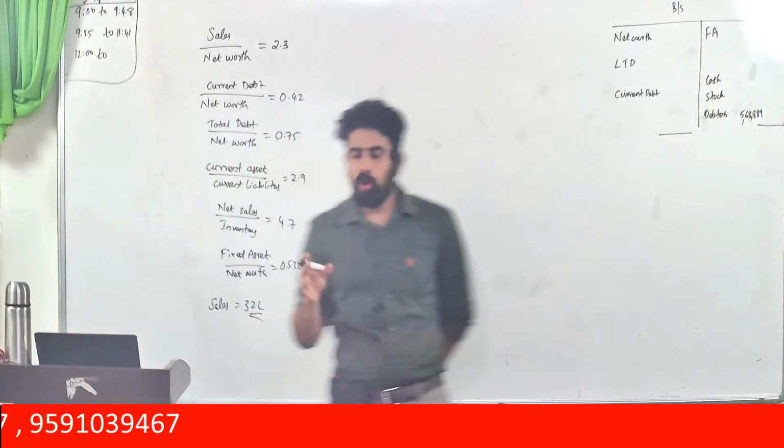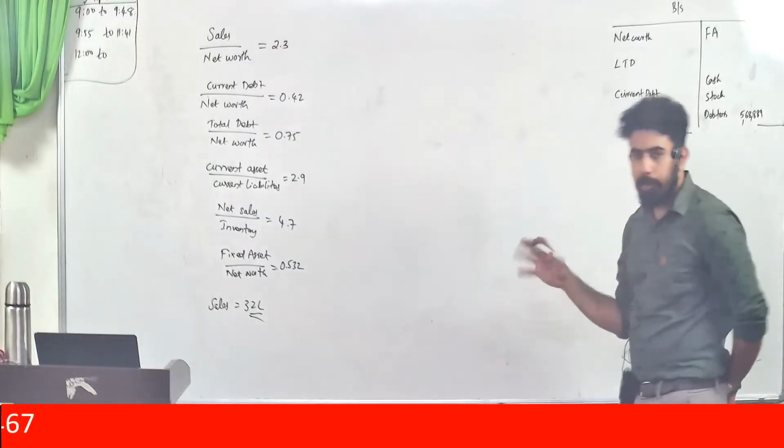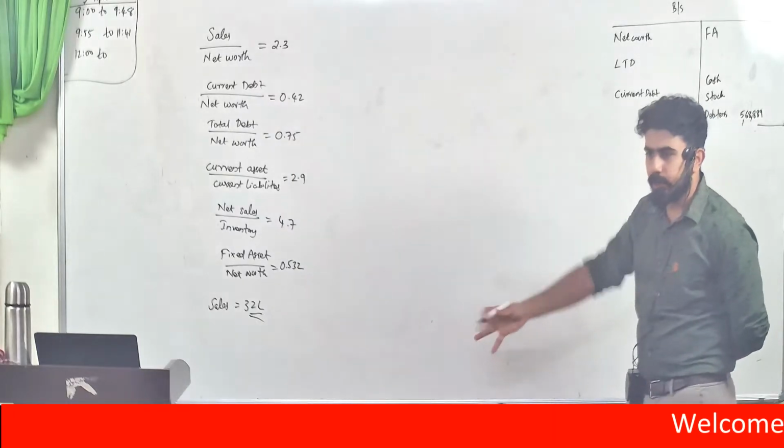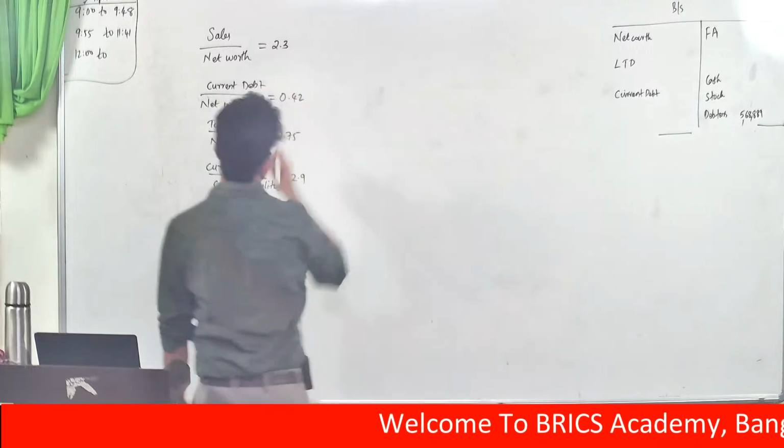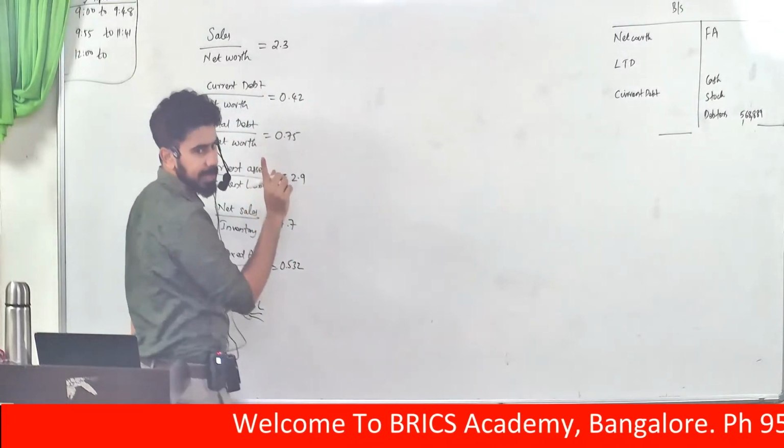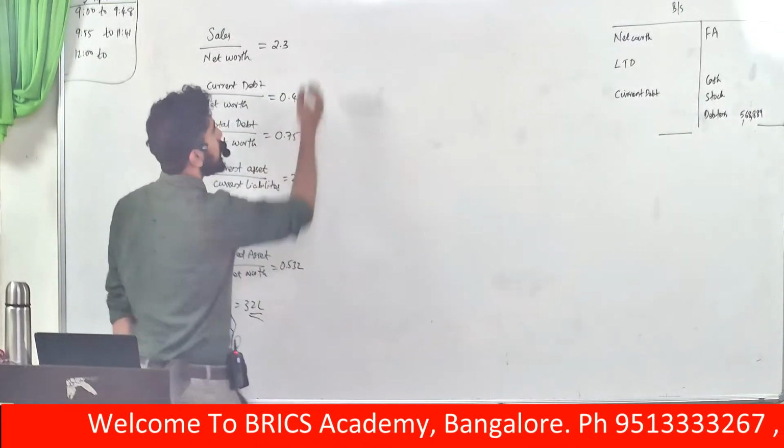So guys, what you have to do is use the many ratios to fill the balance sheet. Let's start here first. Sales divided by net worth. You know sales, so you will get the net worth.